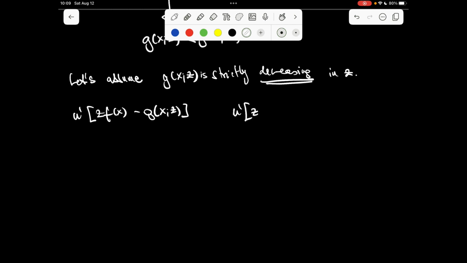Now, we have two distinct values for the exogenous shock, and by putting these shocks into the marginal utility function, we have the following relation. Just because this part of the argument has increased, this part of the argument has decreased on the basis of the assumption that policy function g is strictly decreasing in z.